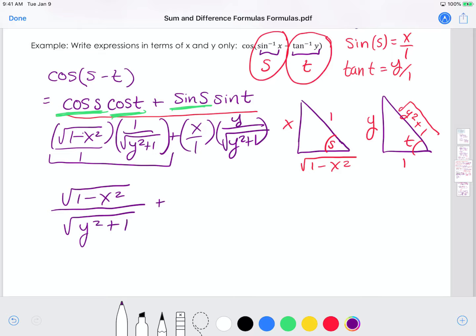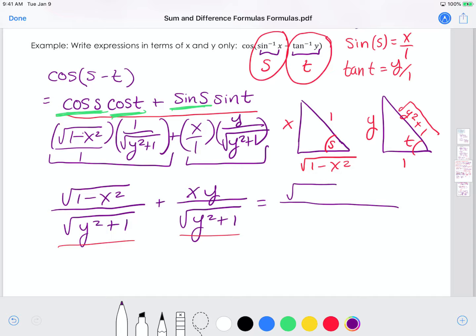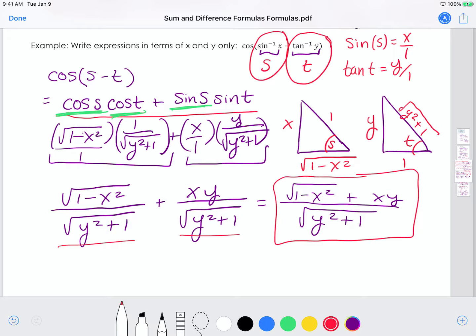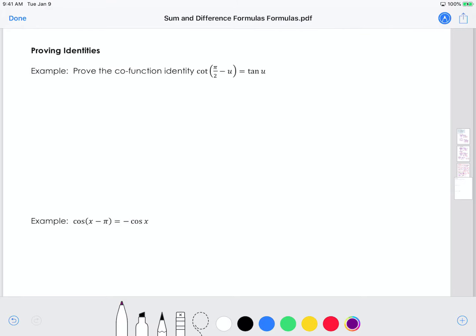And then for the second product, we have x times y in the numerator, and then in the denominator, we have the square root of y squared plus 1. Because there is a common denominator here, I can add them together, and I'm just going to leave it as the square root of 1 minus x squared plus xy all over the square root of y squared plus 1. So this would be our final answer.